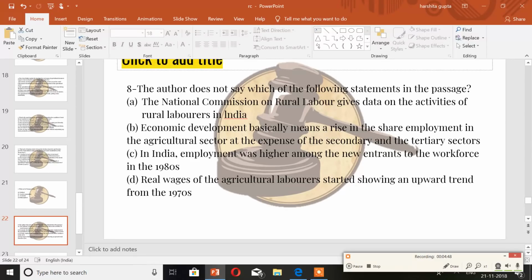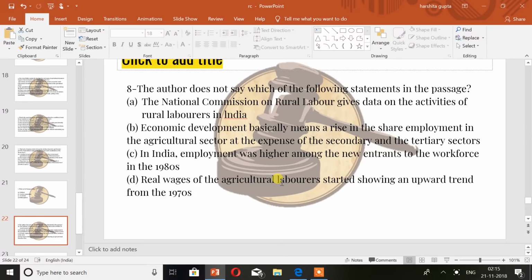So you can do this by elimination. There is not really a very short technique for this, but it takes a lot of time because you have to read it again and again.